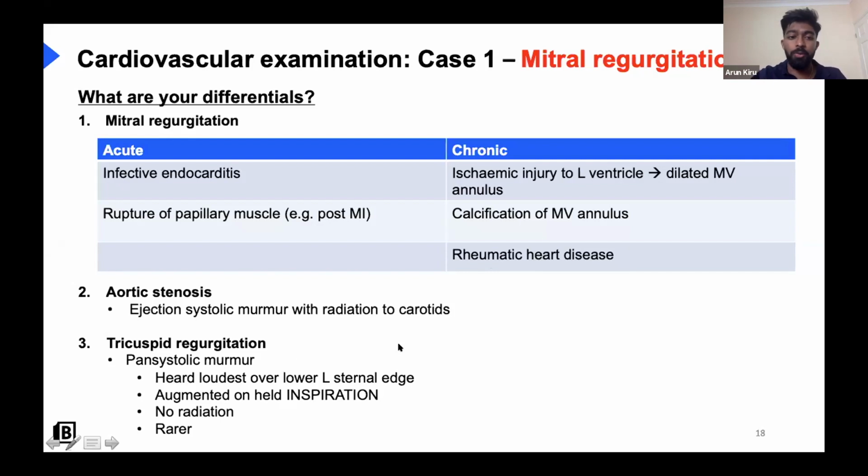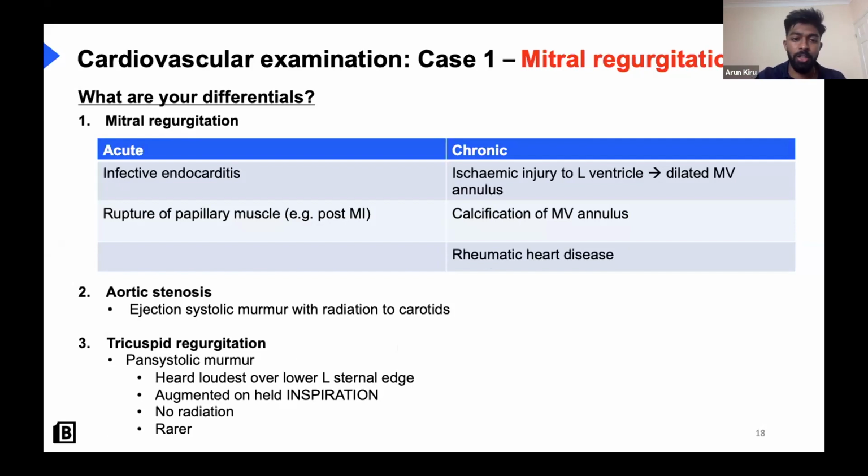So another differential could be another systolic murmur, aortic stenosis. However, you could say this would present with an ejection systolic murmur. You could go on to say it has different intensities, so crescendo then decrescendo, and this time it would radiate to the carotids. And then if you've got more time, a further differential would be tricuspid regurg, which is similar to mitral regurg.